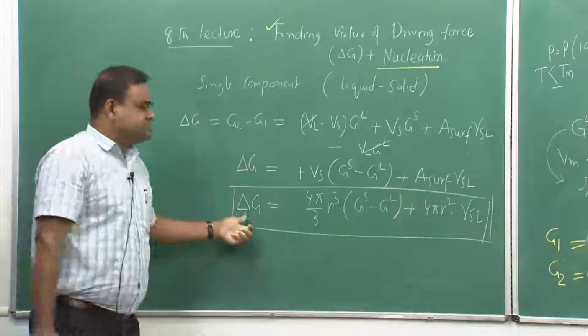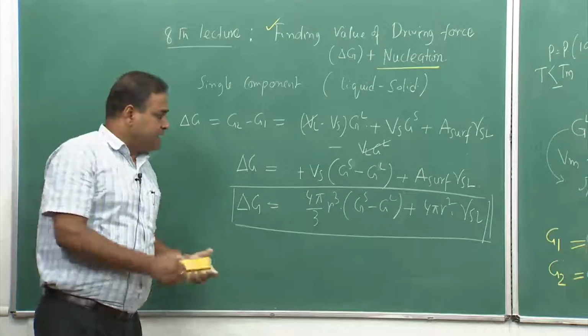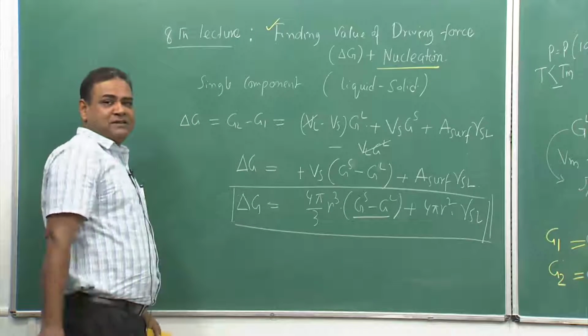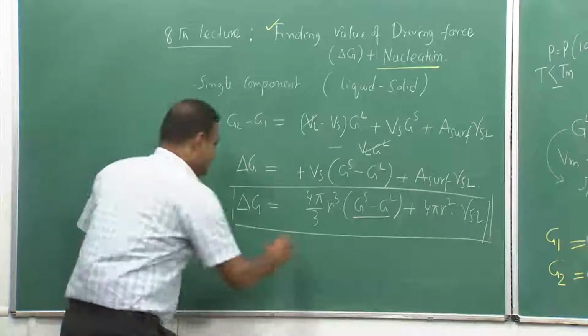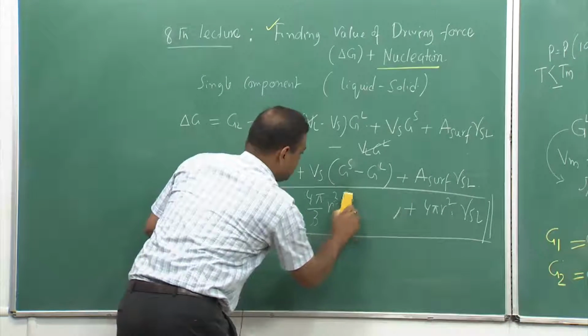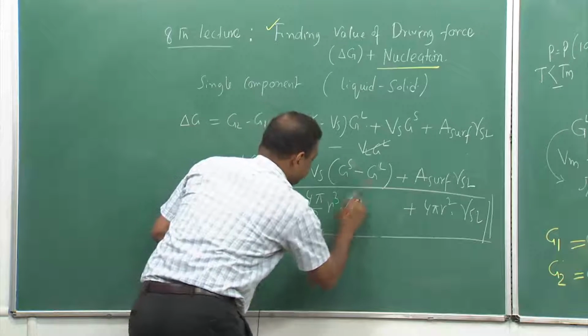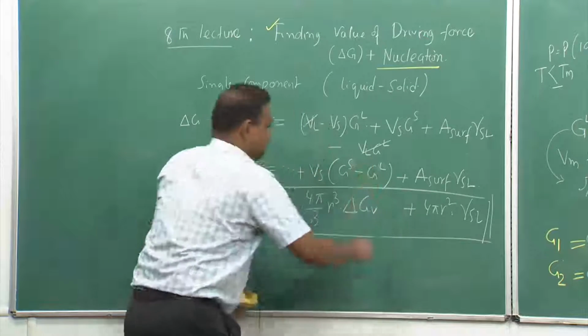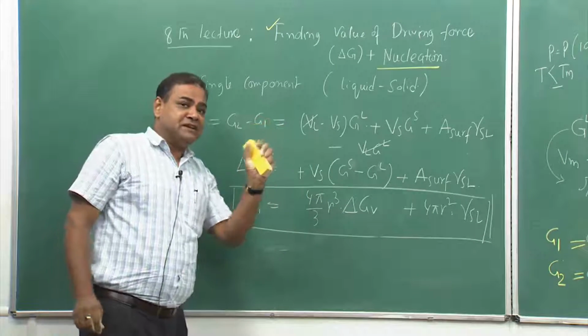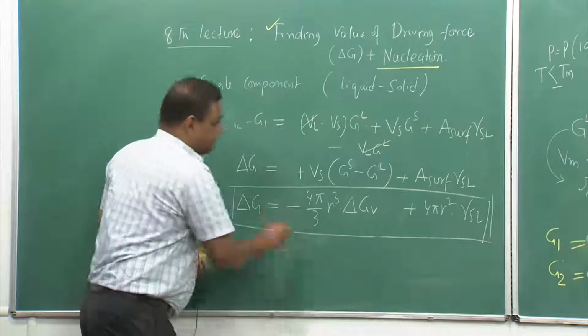Now, this is an extremely important expression, and now you see this is what? This is nothing but del G V. So, I can write this particular term in the form of del G V. And this del G V has a negative term inherent to it. I can take this negative term out.